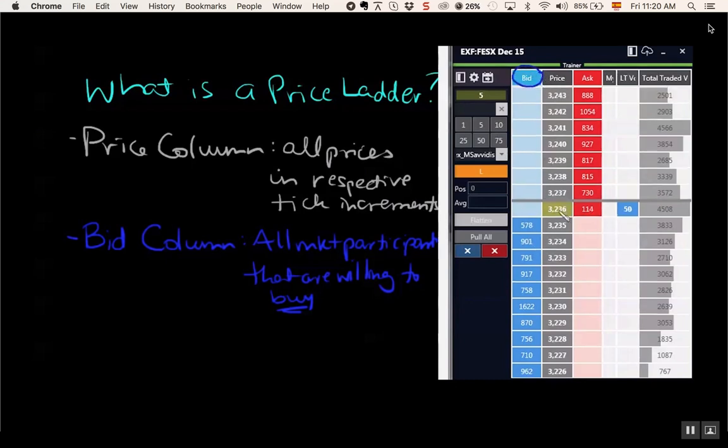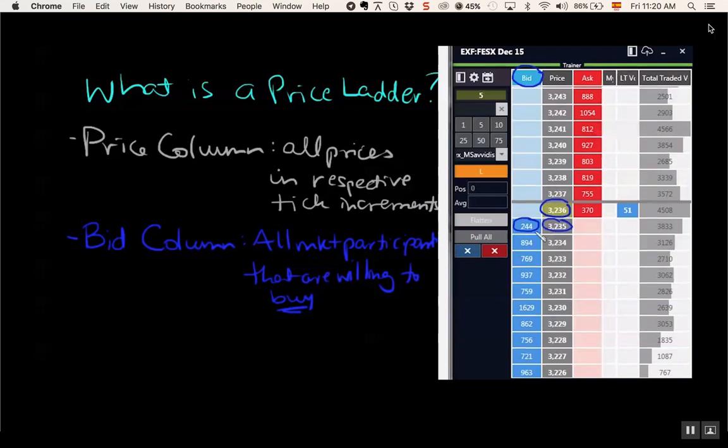Currently the market price that is trading is 32.36. At 32.35, as you can see in here, there are 586 lots currently being put there. That's obviously changed. This is a live market, a live simulation of the Euro Stoxx.